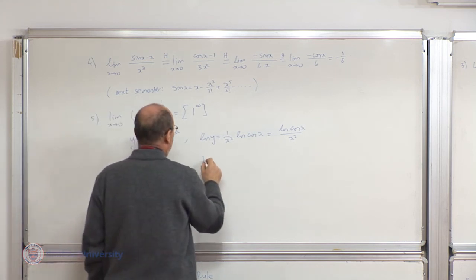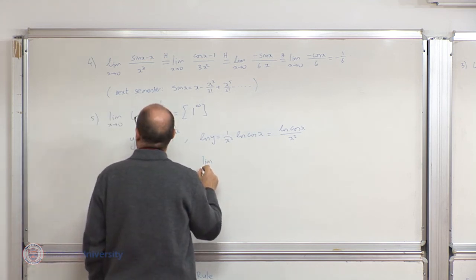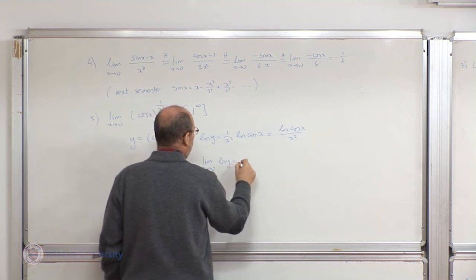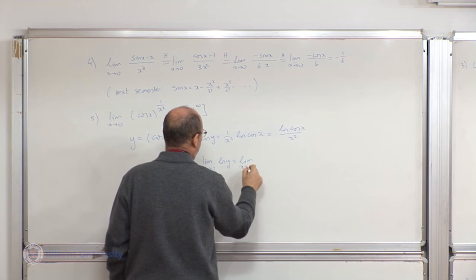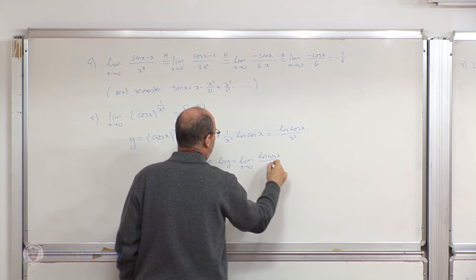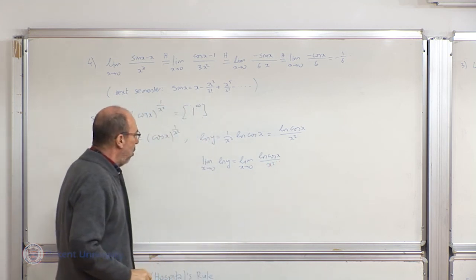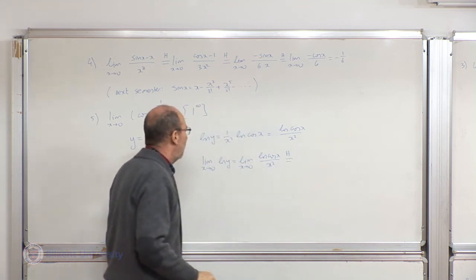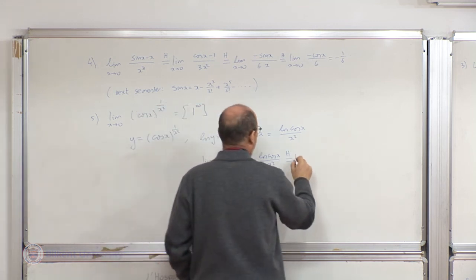So we take limit as x goes to 0 of ln y, which is limit x goes to 0 of ln cosine x over x squared. So this is an indeterminate form. So we hit it with L'Hopital.